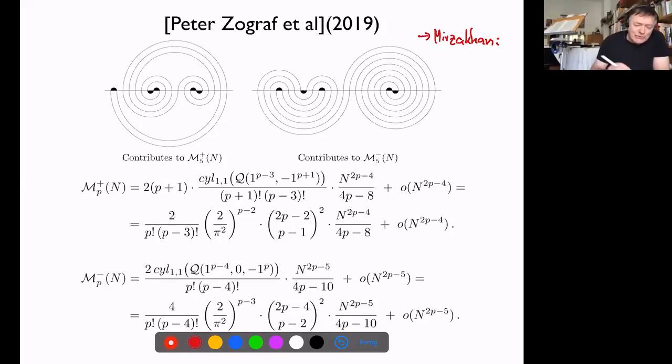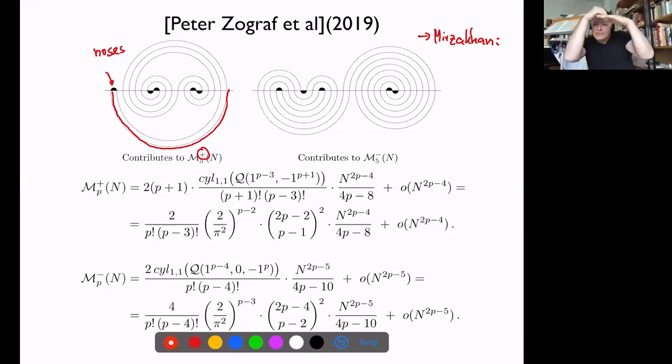And he sorts meanders by meanders which have an arc on either side from the first to the last intersection. Like on the left, there is such an arc. On the right, neither on top nor on the bottom, there is such an arc. And then he has things which we call noses. Like these are the innermost arches of our meander, with no further arches inside.